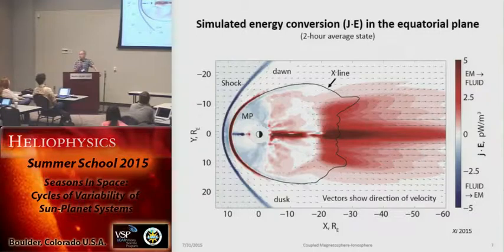So here you see an example. This is from a simulation. Here's the X line, all the way around the null line. And we've gone through and calculated the reconnection rate all around this line. And there's actually a zero point on each flank side.